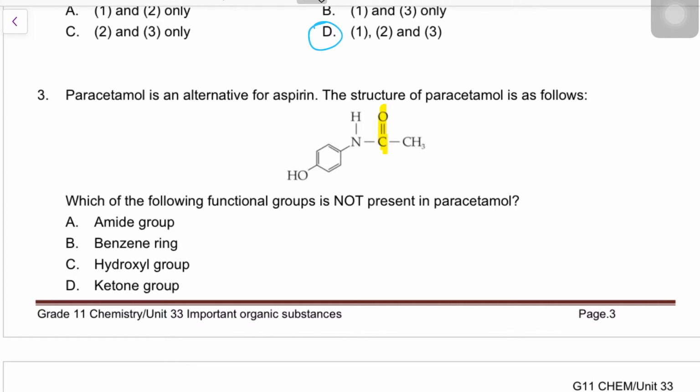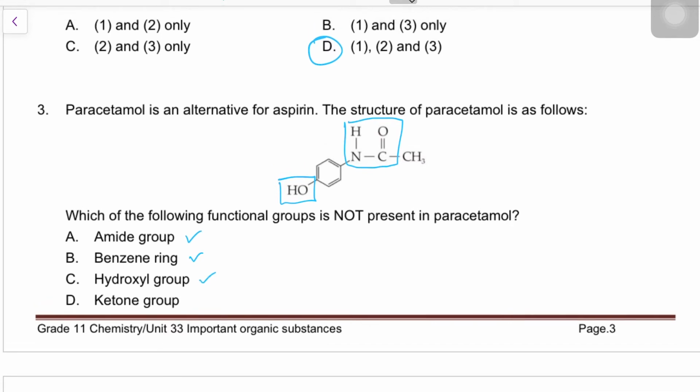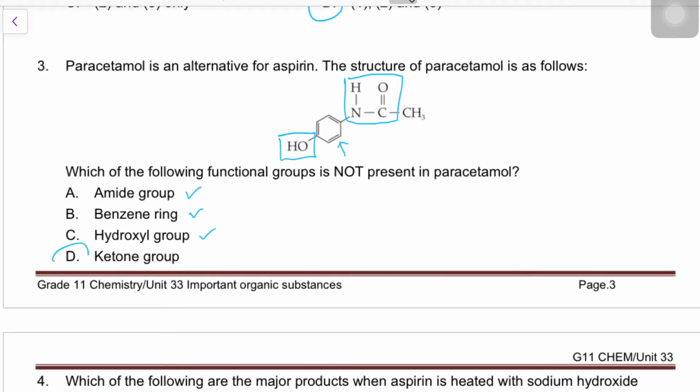You should see what is surrounding it, and you can see there is a nitrogen surrounding, and this is an OH. So sure, we got an amide and a hydroxyl group, and yes, we got a benzene ring. Here is the benzene ring. So that means the ketone does not exist.